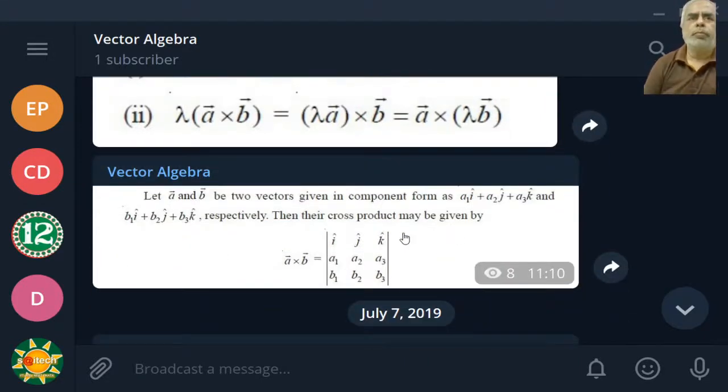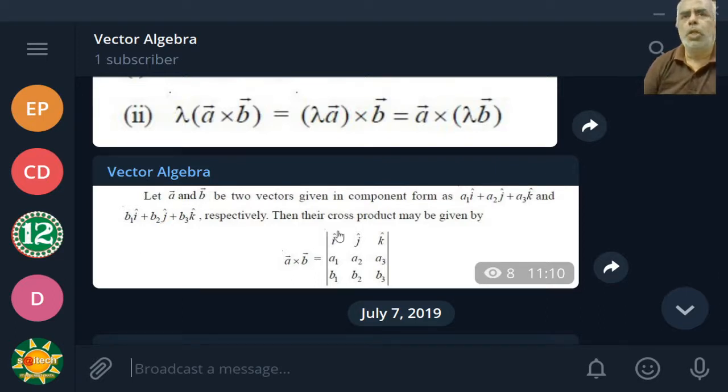Then the best way is this can be expressed in terms of a matrix, a determinant also. For instance, vector A and vector B are the two vectors. Their components are A1 i cap, A2 j cap, A3 k cap, and similarly we know the components of B vector.